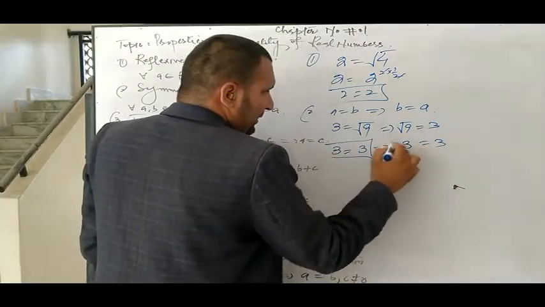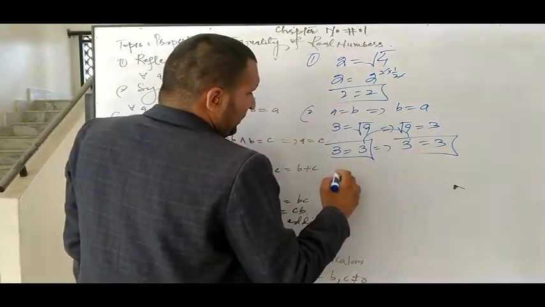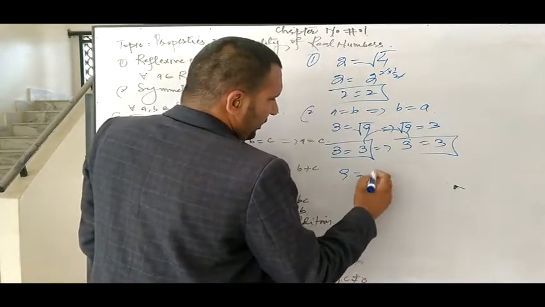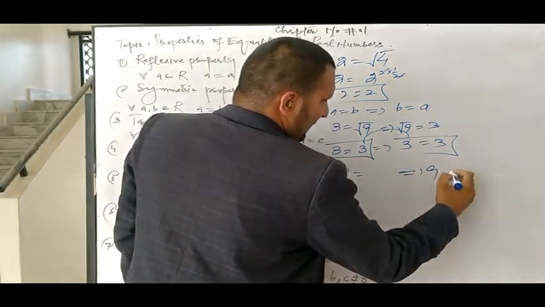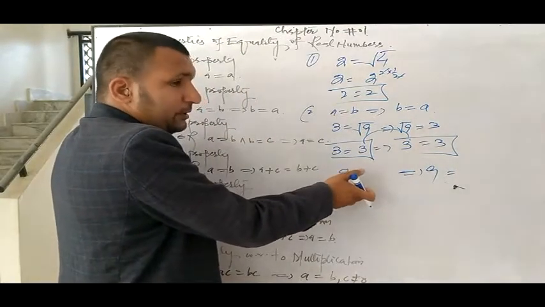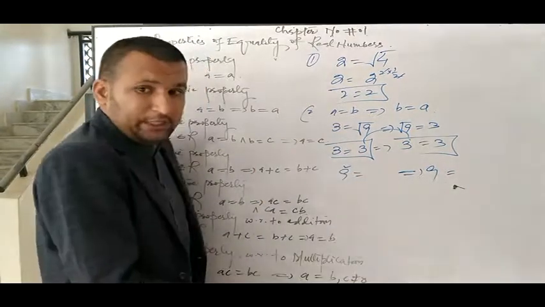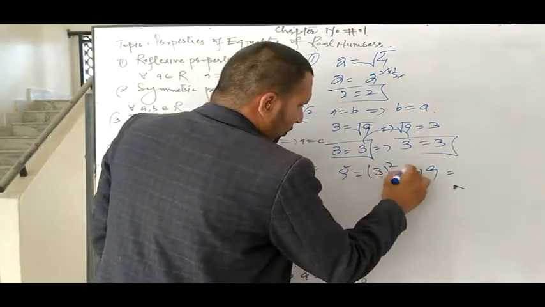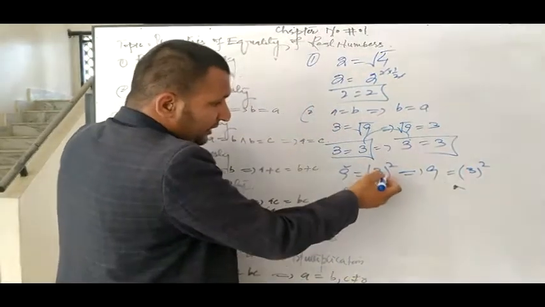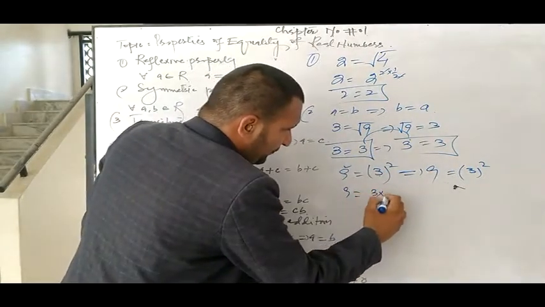Left hand side and right hand side are equal. In other examples, 9 is equal to 9. If we take any value and apply an algebraic operation, the answer is equal to 9. For example, 3 whole square: 3 multiplied 2 times, 3 into 3 is equal to 9.